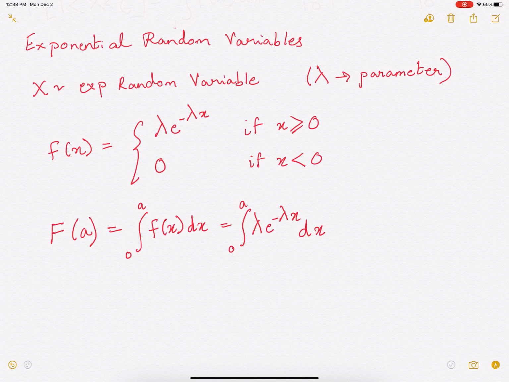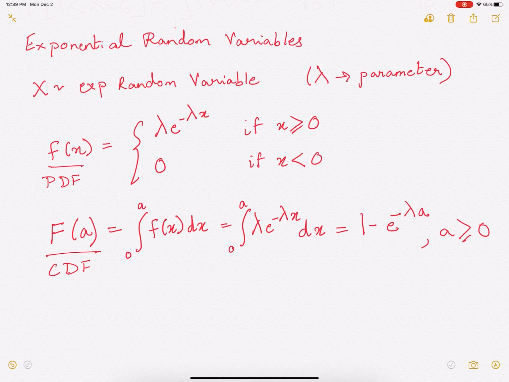Now this integration is fairly simple, and it will evaluate to 1 minus e to the power minus lambda a for a greater than 0. Of course, a has to be greater than 0. So the small f(x) here is the PDF, the probability density function, and the capital F is the CDF, the cumulative distribution function.